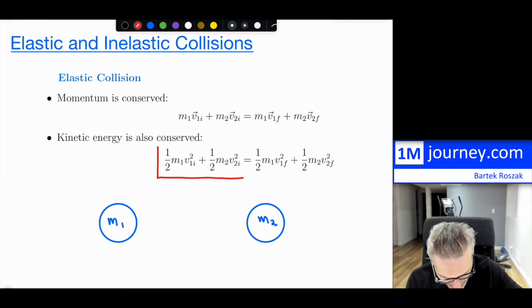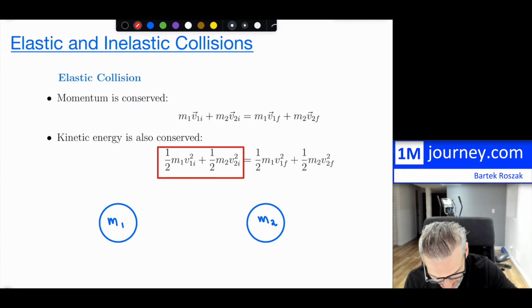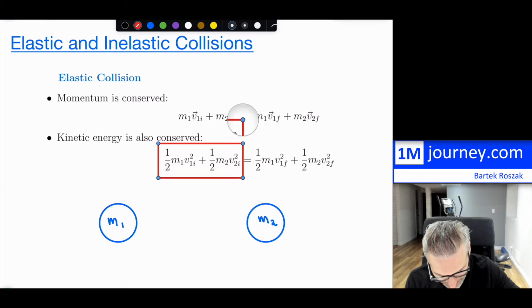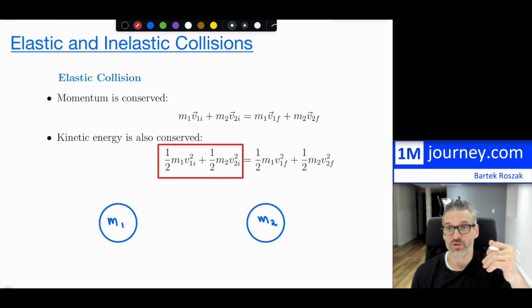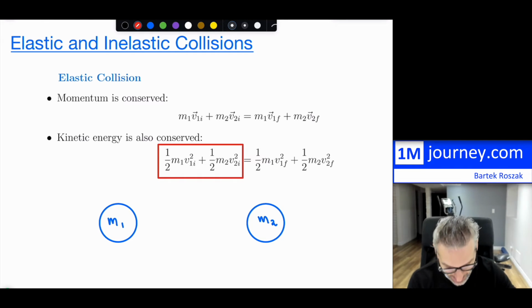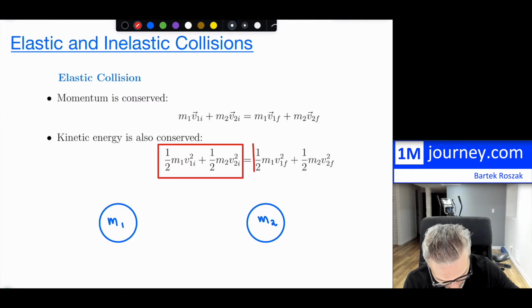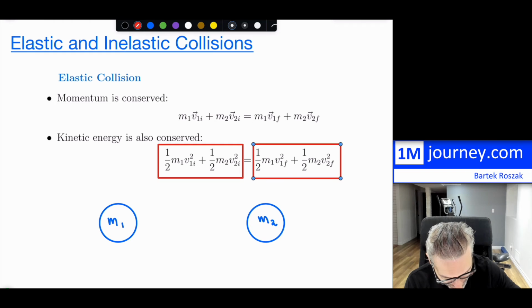So right here, this is the amount of kinetic energy that both of these would have before the collision. The little i stands for the initial, and initial means how much do they have initially. And then the second component on the right-hand side means how much kinetic energy did they have afterwards.